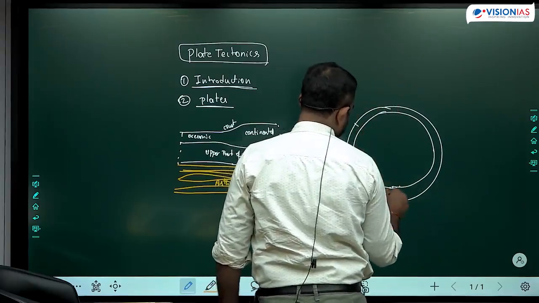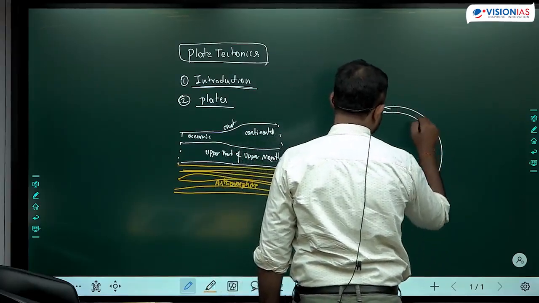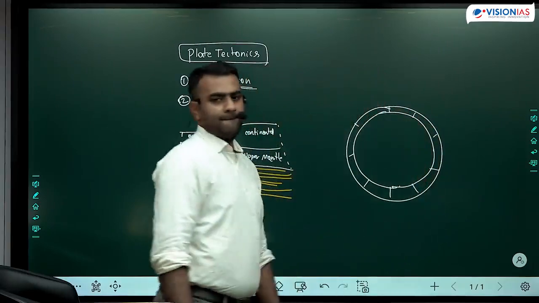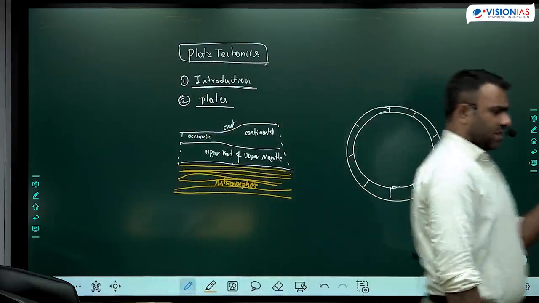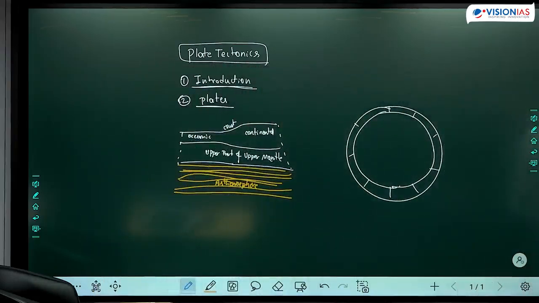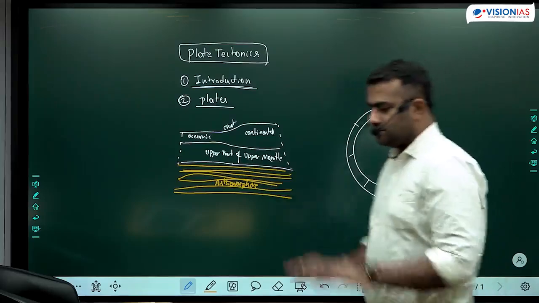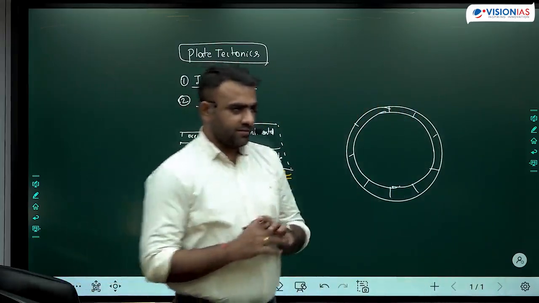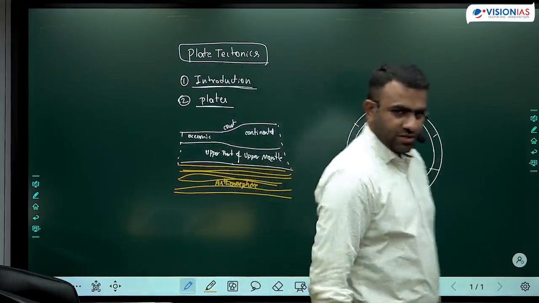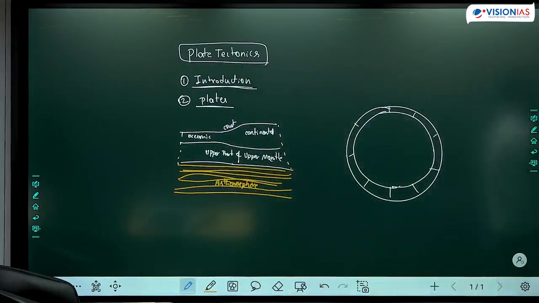Each individual part of lithosphere is what is called as plate. पूरा हर साइड से कवर्ड है. उसका एक पार्ट को हम प्लेट बोलेंगे. Don't imagine plate to be completely flat. कर्वेचर है. Bigger the plate, bigger the curvature. Okay, so the dimension is not completely flat. People imagine it to be flat.